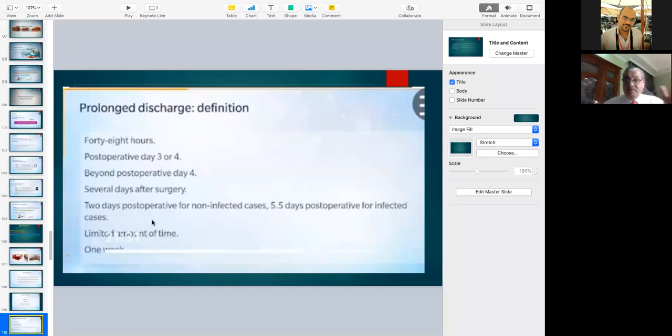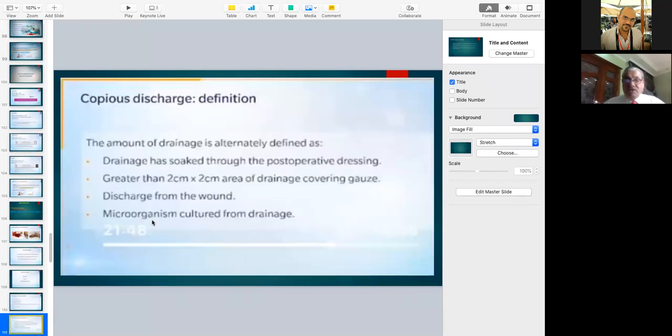There are different definitions to say it is prolonged discharge. Maybe beyond postoperative 4 days or several days after surgery. This is prolonged discharge: 2 days postoperative for non-infected and 5 days for the infected. So this defines prolonged discharge.